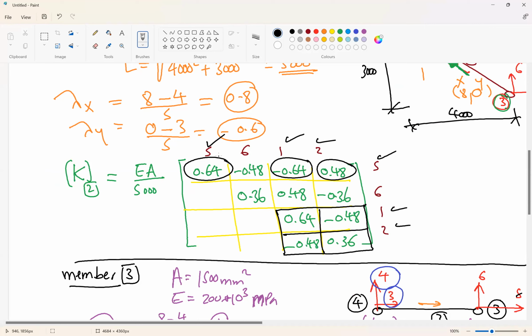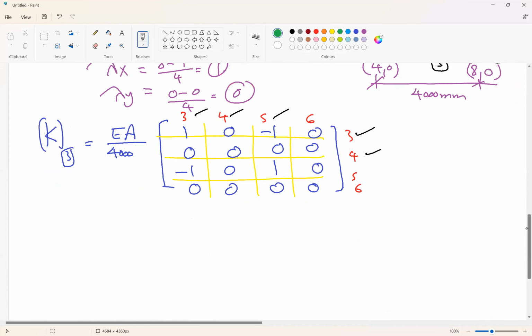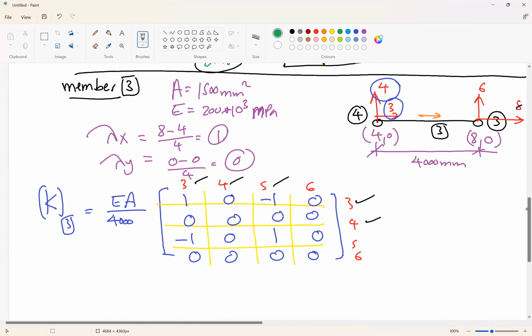Sorry, I forgot that 5 is unknown, so any parameter related to 5 will be with us. So this one is negative 0.64, negative 0.48. Here we also need anything related to 1, 3, 4, and 5, so we have this part.